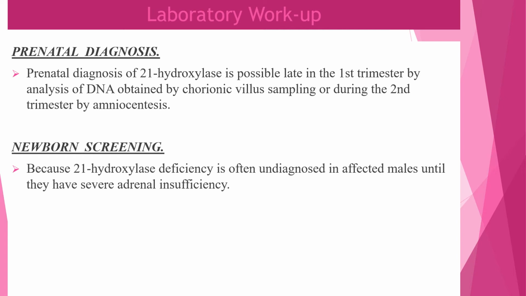During newborn screening, in a setup where such facilities are available, 21-hydroxylase deficiency is often undiagnosed in affected males until they have severe adrenal insufficiency. So the programs analyze 17-hydroxyprogesterone levels, because males are normal until they develop adrenal crisis. So it is better to detect early, before they develop adrenal crisis, by doing a 17-hydroxyprogesterone level.